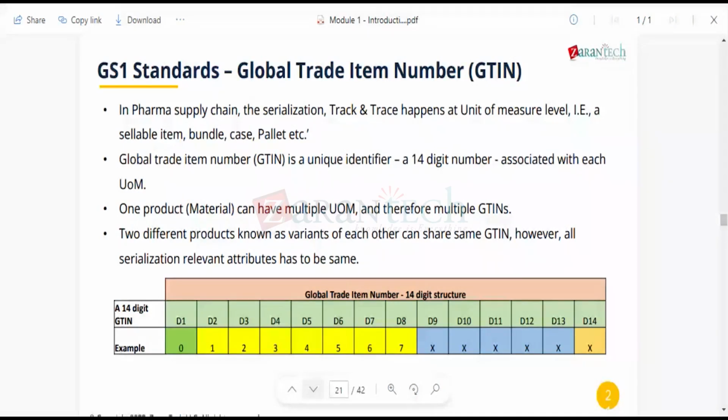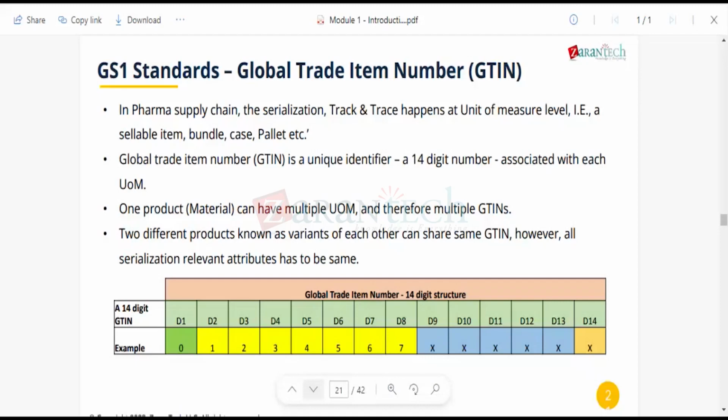A case has a unique GTIN, etc. Global trade item number has 14 digits, and it is associated with each unit of measure. One product or one material can have different GTINs. In fact, two different materials can also have the same GTIN, provided that other serialization attributes are the same. This we will see in the next session.